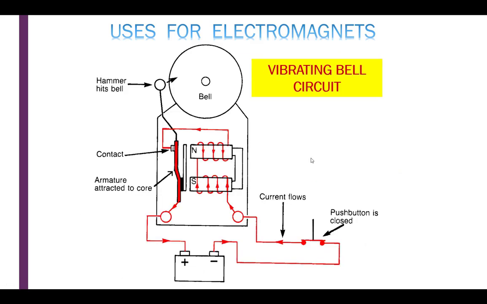Let's take a look at this circuit. We see we have current leaving the battery, and as long as the push button is pushed down, current can go through it, continues on, lands on a screw terminal on this vibrating bell device, circles around this electromagnet, continues on through this set of contacts, down this conductor to this screw terminal of the device, and then to complete the loop returns to the battery.